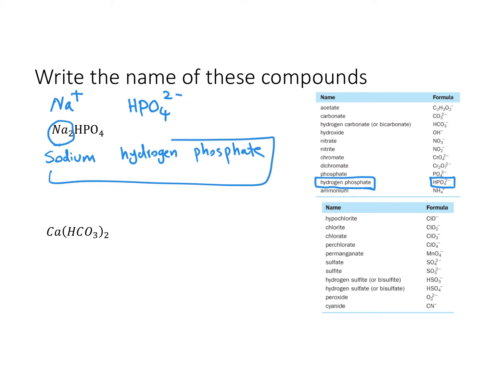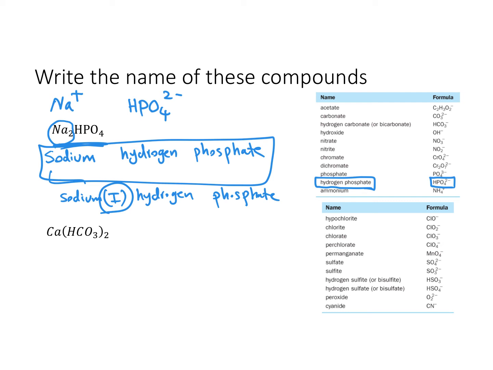And I give you this in the exam and I say, is the following name correct or not? And sometimes I say, what is the name of this compound? And one of the options would be sodium 1 hydrogen phosphate. So what is wrong with the name that I just wrote? Why shouldn't I write 1 in Roman numerals in parentheses?